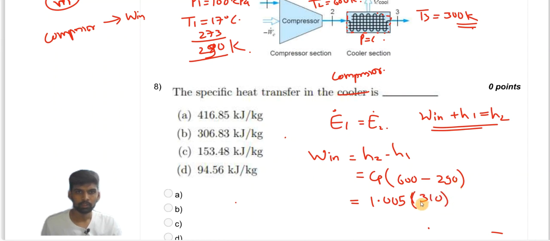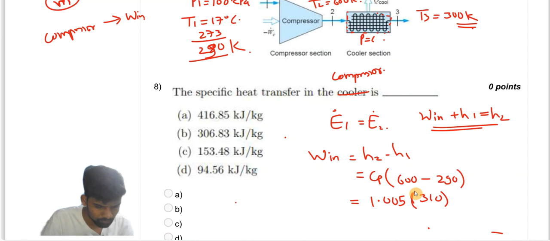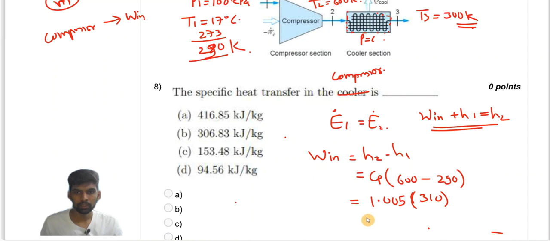It is 310, and once you multiply 310 with 1.005, it will come as 311 point something, 311.55 kilojoule per kg.